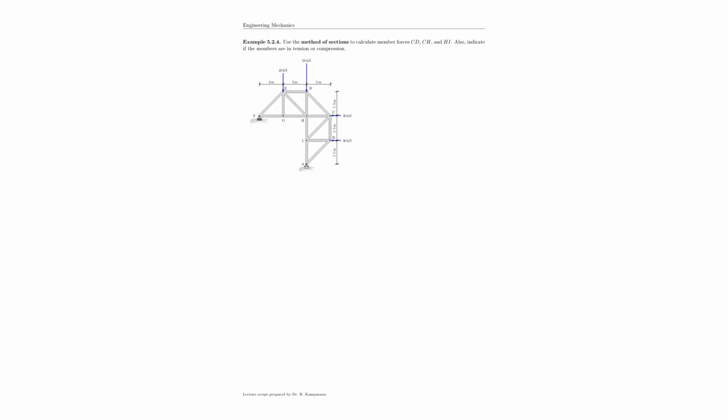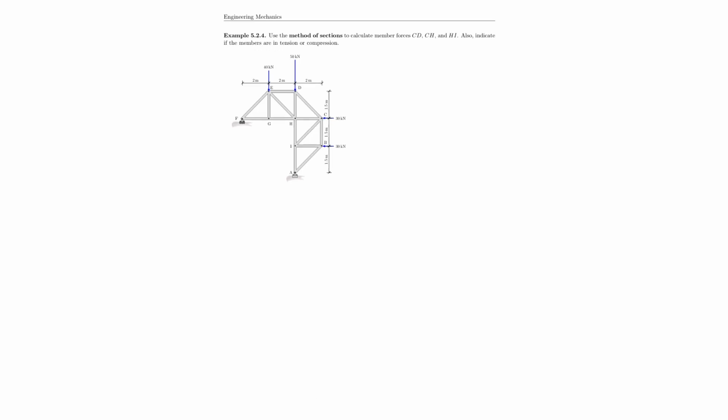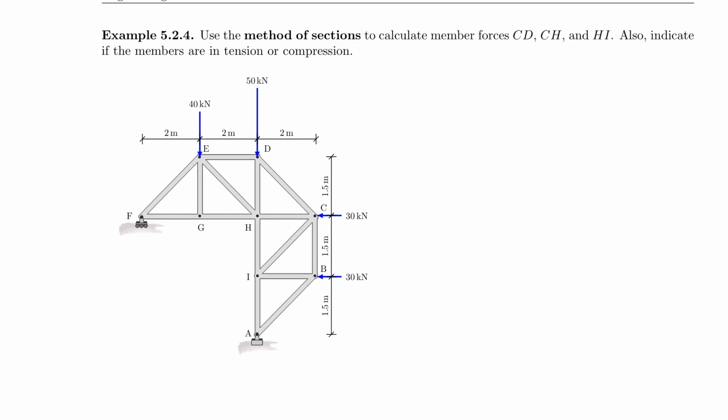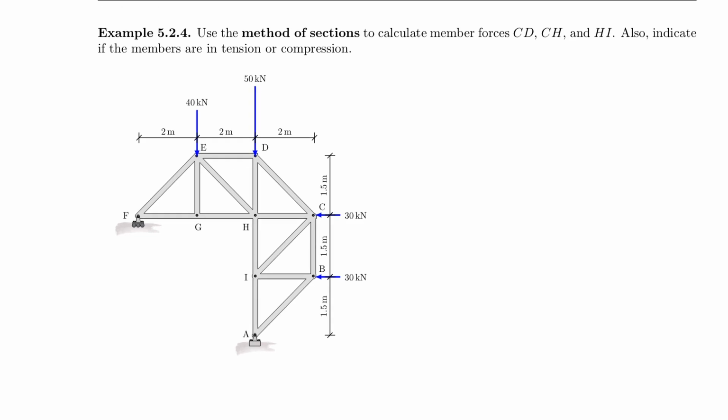So let's look at the next problem. And here we're going to calculate the members CD, CH, and HI. So I have to identify those. CD would be right here. So CD is right there.